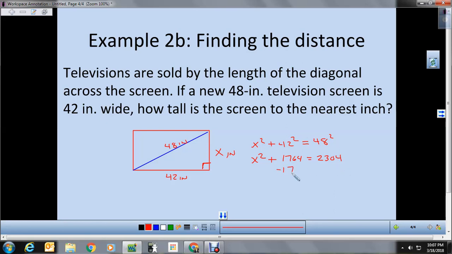Now we're going to subtract 1,764 from both sides. And that gives us a difference of 540. Square root, and you should have gotten x is equal to the square root of 540, which is approximately 23.2379, which is about 23 inches tall.